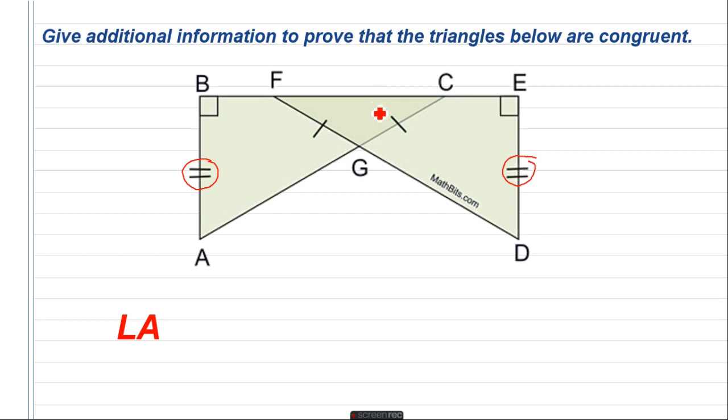So, we go back to our idea of the isosceles triangle theorem. If we have two congruent sides, the opposite angles must be congruent also.